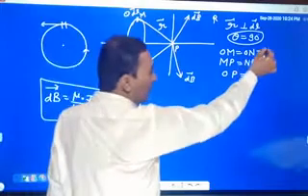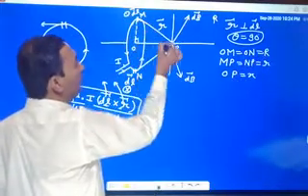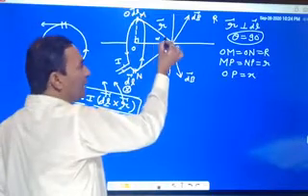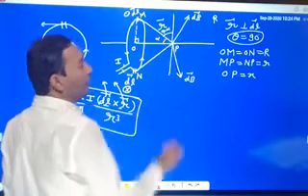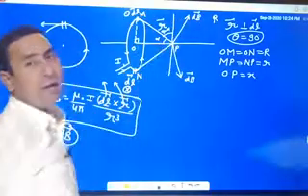If we find the relation between these three, then this is a right angle triangle. This angle is 90, and we assume that this angle is alpha. If this angle is alpha, then this angle is 90 minus alpha, and our dB vector is perpendicular to r vector.